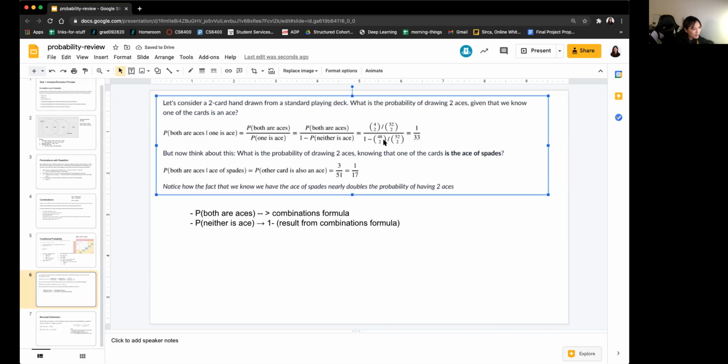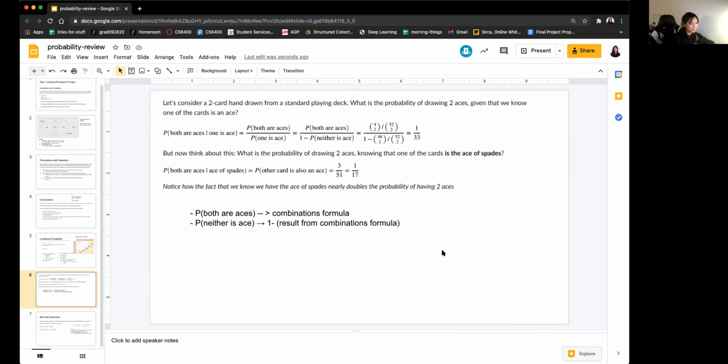So this part where you have 1 minus 48 choose 2 divided by 52 choose 2, you're looking at 1 minus all of the other 2-card combinations that are not aces. It's a little bit easier to do this versus summing up all the probabilities of having both being aces and 1 ace in whatever 2-card combination, if that makes sense. So putting that together, that's how you end up at 1 over 33.